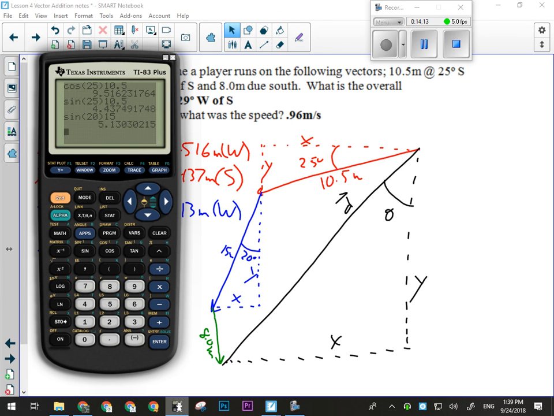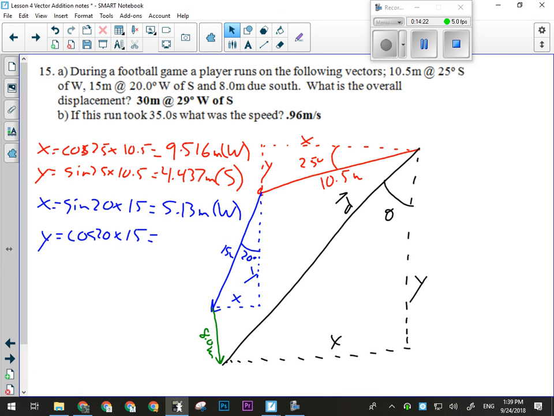Okay, and then we have cos of 20 times 15 is 14.095 meters, and that one is south.